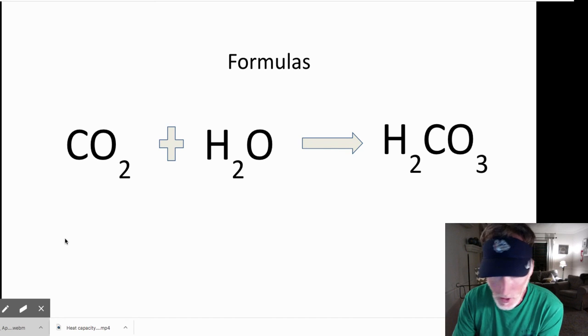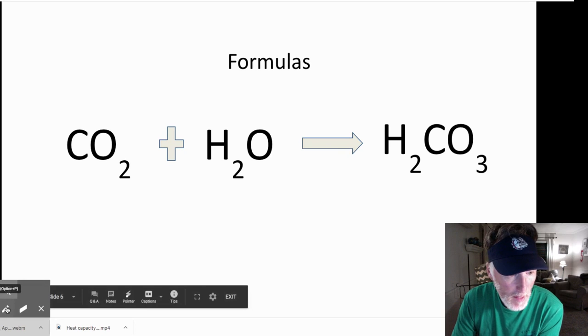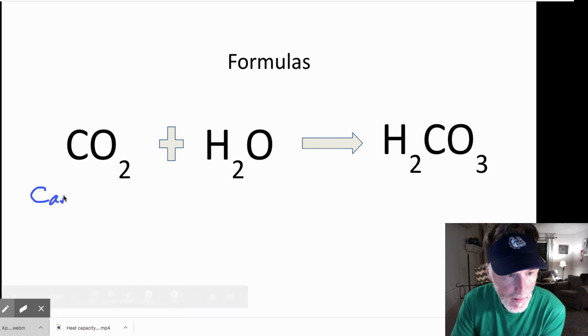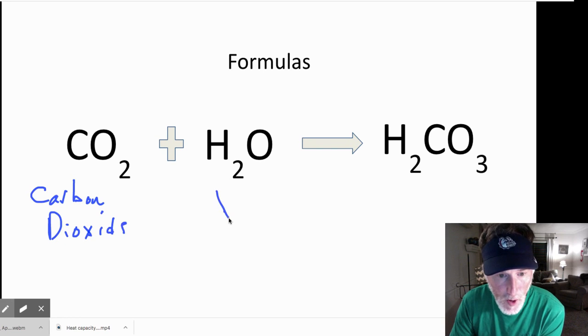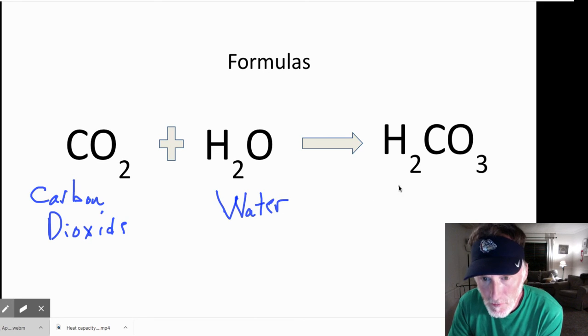If we want to write the names of that, we can. We have our carbon dioxide plus our water is going to yield or form carbonic acid.